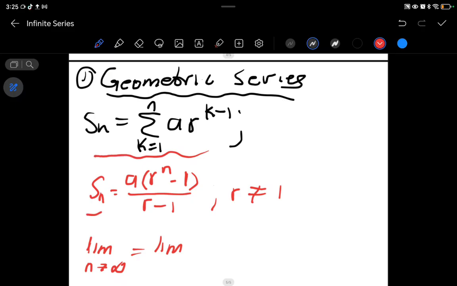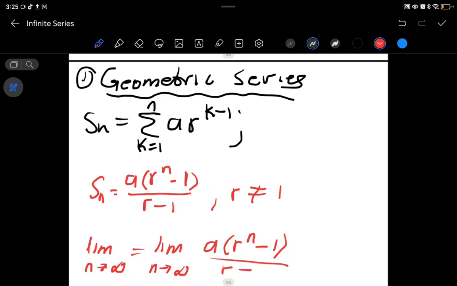Then we should change it to this. Then we apply the limit. You see, right? Then we'll say n is equal to infinity. Then we're going to say I have a outside, r to the n minus 1 over r minus 1, right?